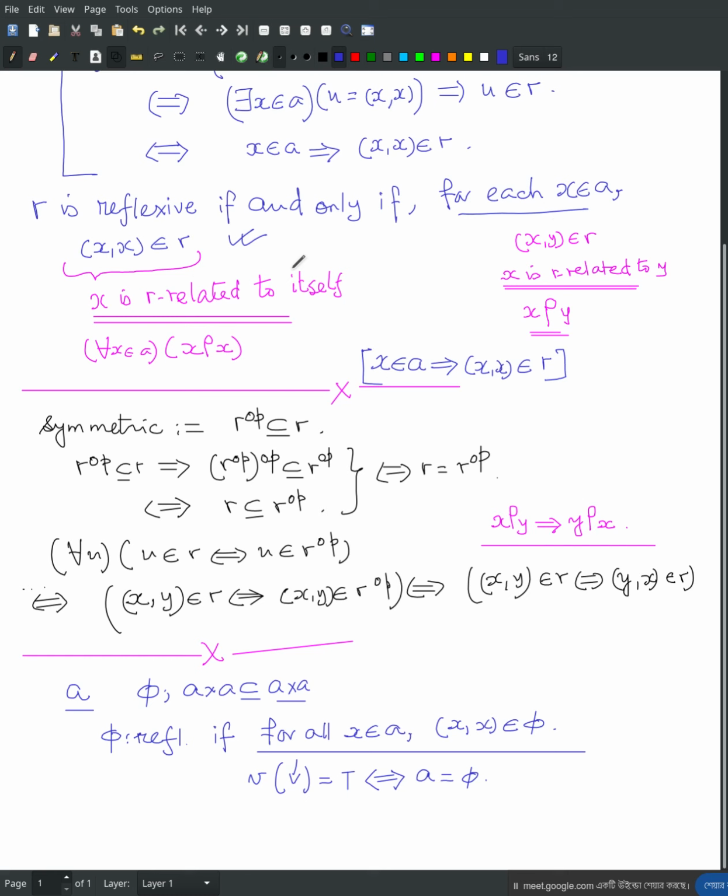Why? Now you use the fact, if A is empty, this side is already false, so this statement is true. So, if you take R to be the empty set, then this statement is true only in the case when this one is false, that means A is empty. So that gives a clearer idea.